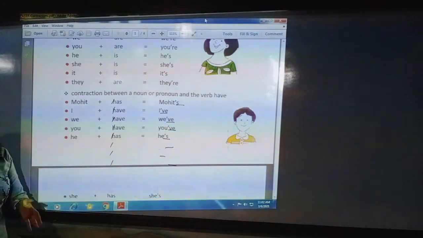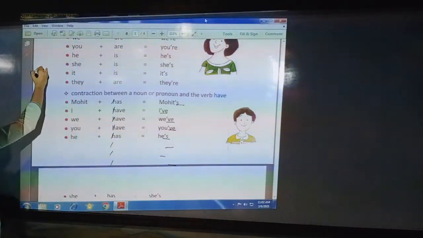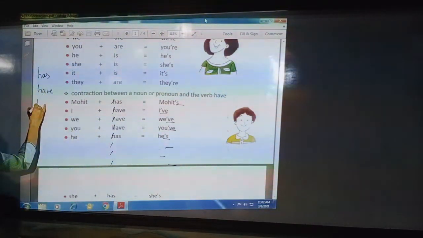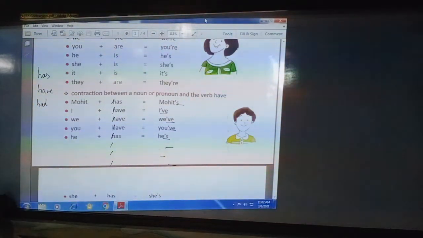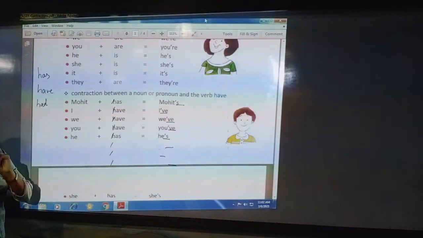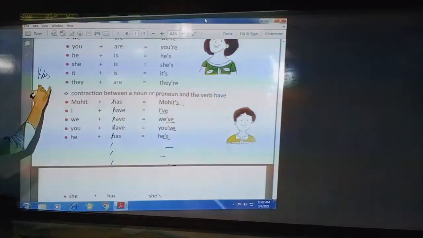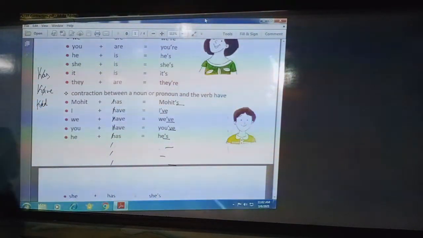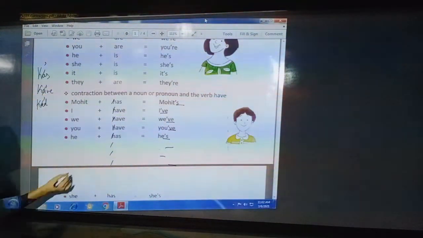What is the rule of contraction in has, have, had? So whenever you see has, have, had, in that while doing contraction, two initial letters will be removed. H, A. That will be removed. Instead of that, we will put apostrophe. Just like this.